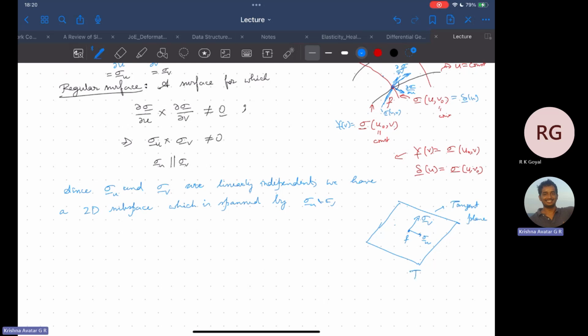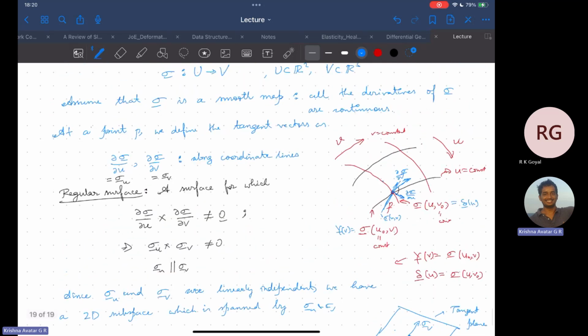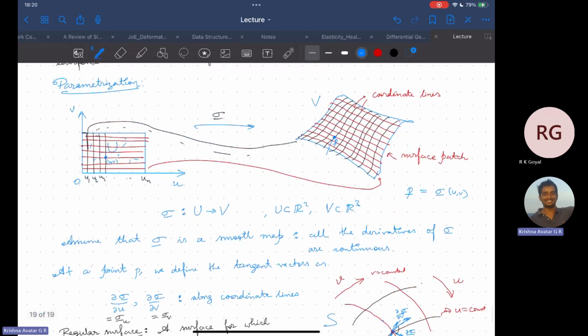It's typically written as T. P means where it's centered, and S means it's a tangent plane at point P of the surface S. This surface is usually denoted as S. I'm using V just to denote the subset.